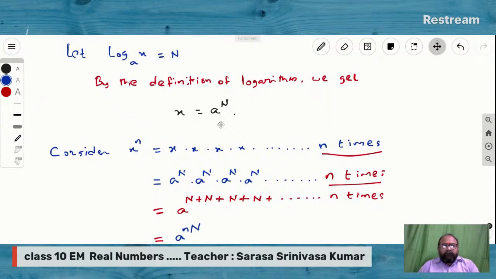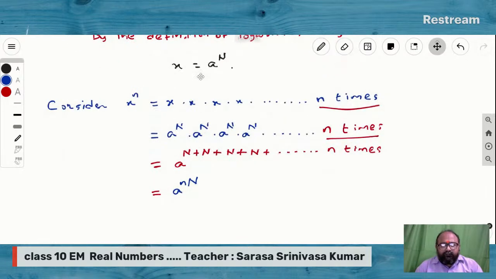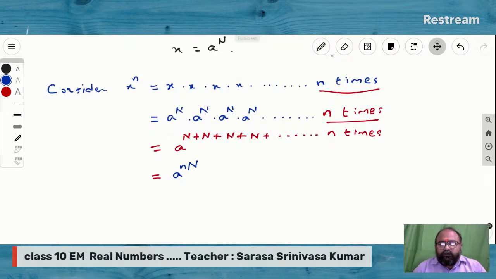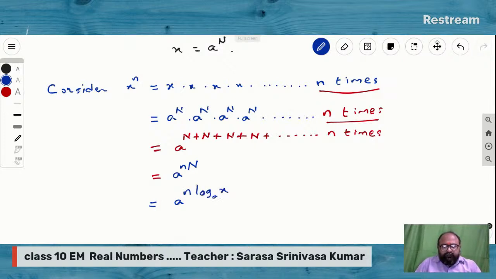But what is n? n is log x base a. In place of n, we can write log x base a. This is equal to a power n log x to the base a. So you must remember, a is the base and this is the power.